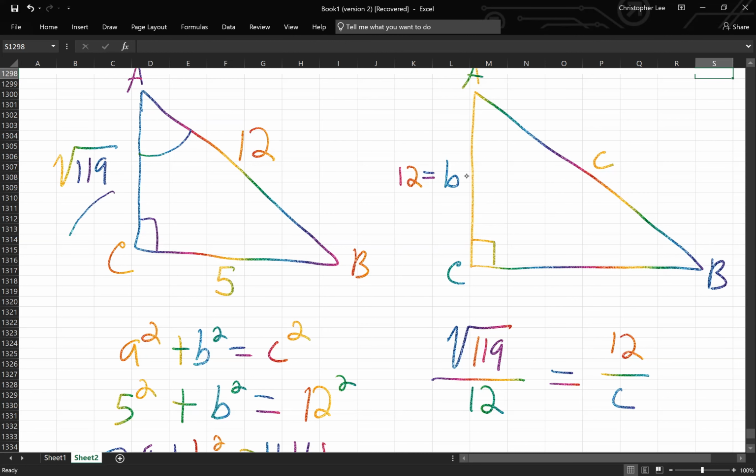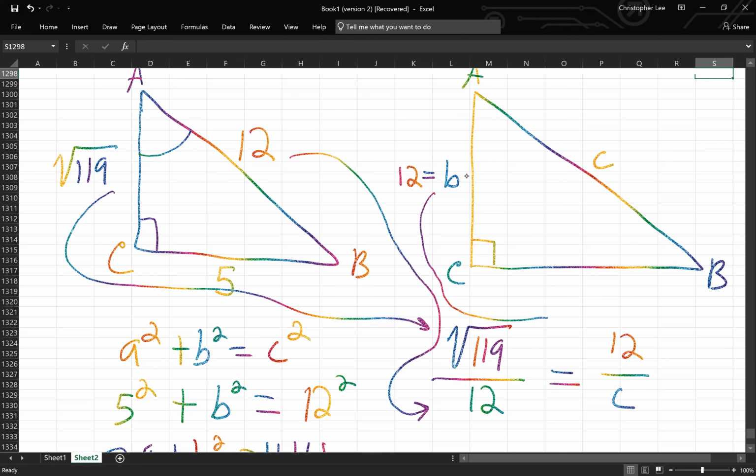This is the square root of 119. This is the 12 on the bottom, this is the 12 right here, and this is the letter right underneath that. Similar ratios: square root of 119 is to 12 as 12 is to C.